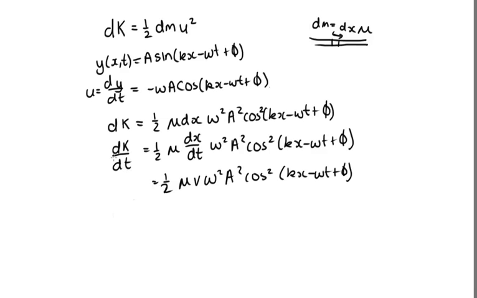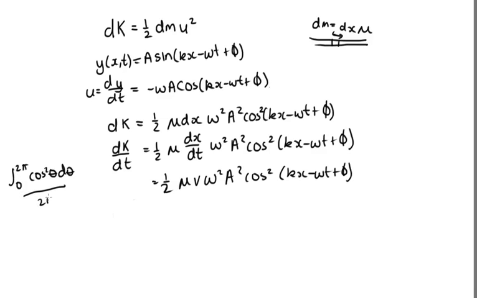Now what we really want to do is work out the average value of this dK/dt. So if we want to work out the average value of dK/dt, we're going to need to know the average value of cos squared of something. So it is a half. If you want to work out what it is, one way to do it is we can integrate from 0 to 2π of cos²θ dθ, and then we have to divide by 2π because that's the range.